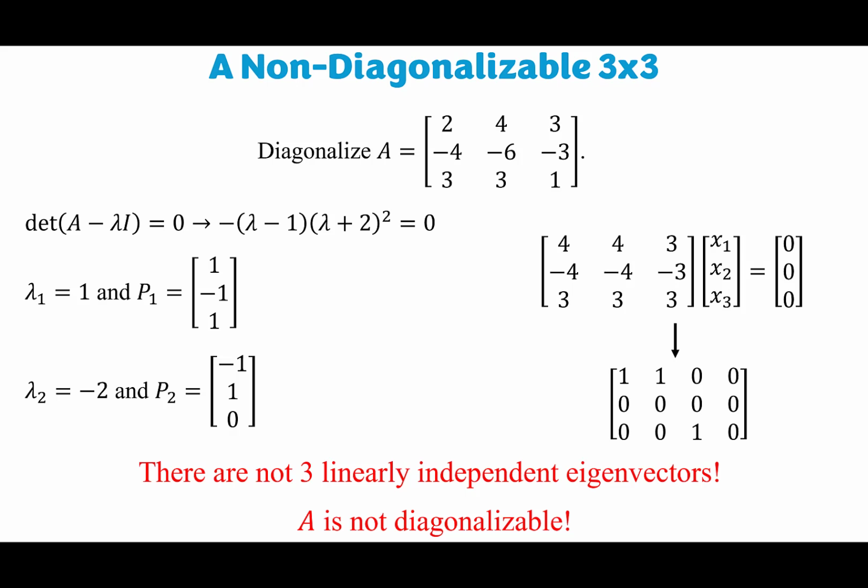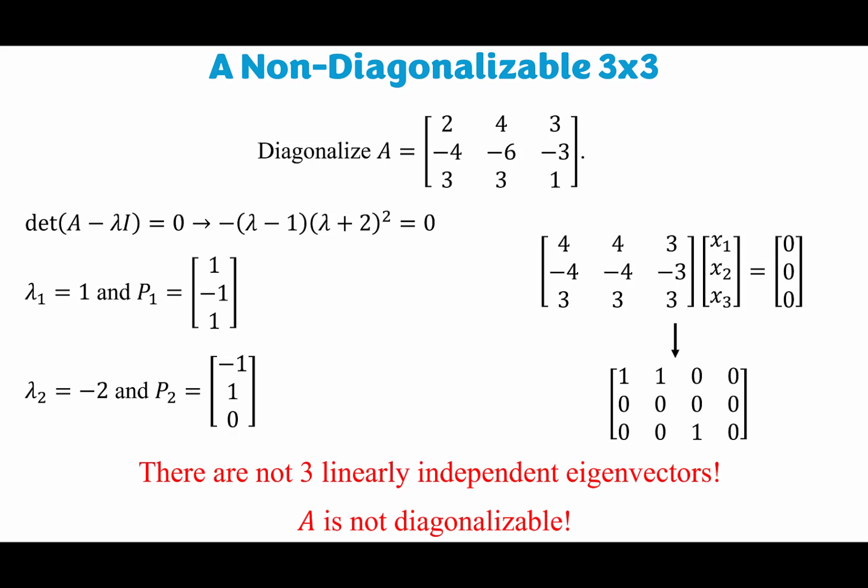And one last note, you might be thinking, is this always true when you just get 2 eigenvalues for a 3 by 3 matrix? Well, that's not necessarily true. It is possible, as we've seen before, to have an eigenspace that's 2-dimensional for just 1 eigenvalue.